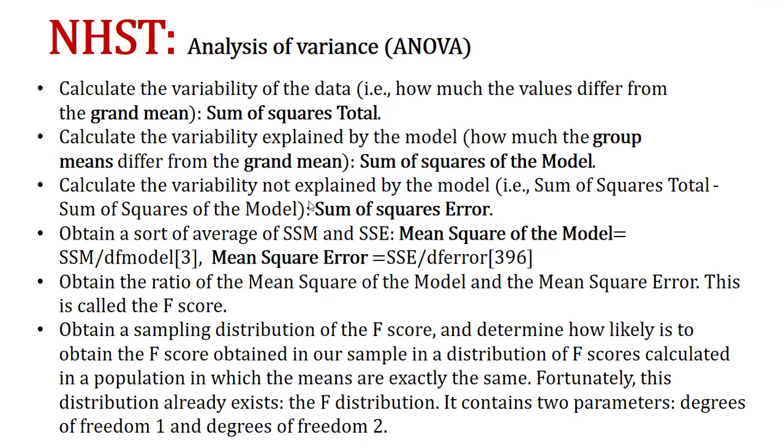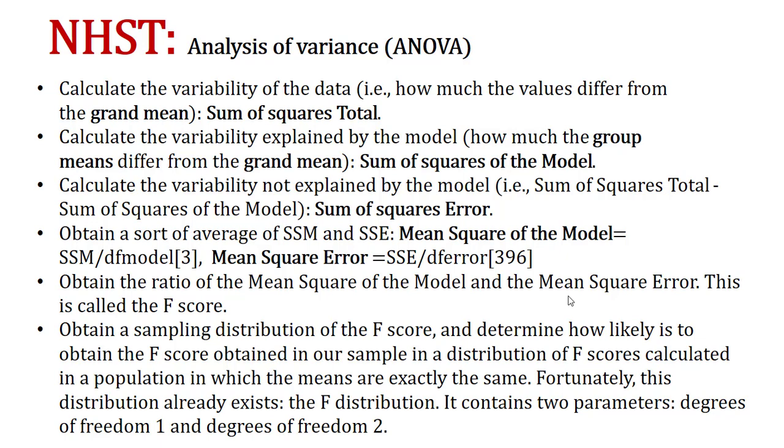Then we have to calculate the variability explained by the model. That is how much the group means differ from the grand mean. The grand mean takes into account the 400 values; it is the mean of the 400 values. So how much the group means differ from the grand mean.